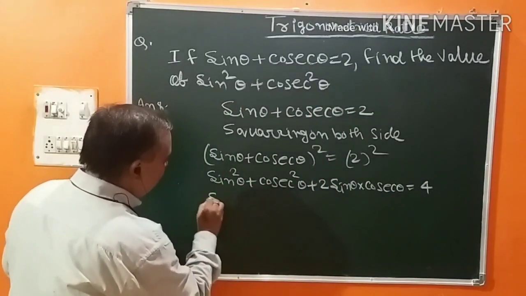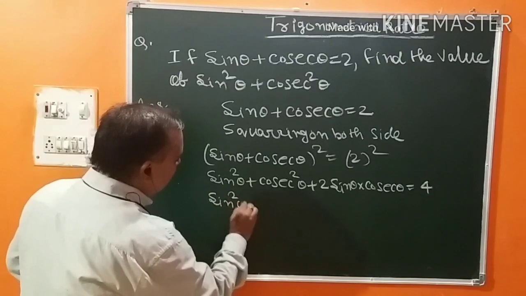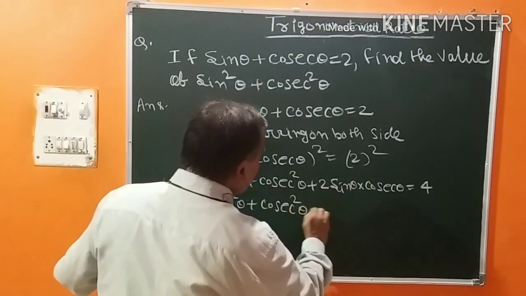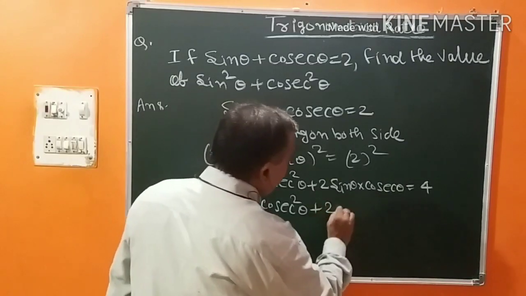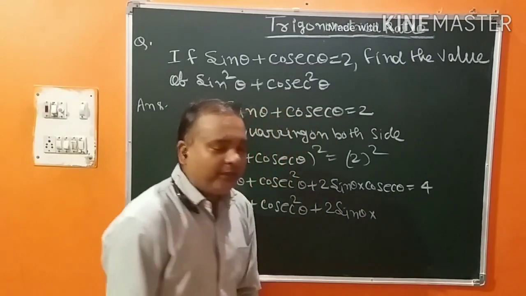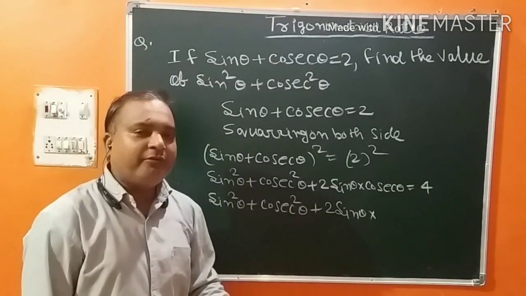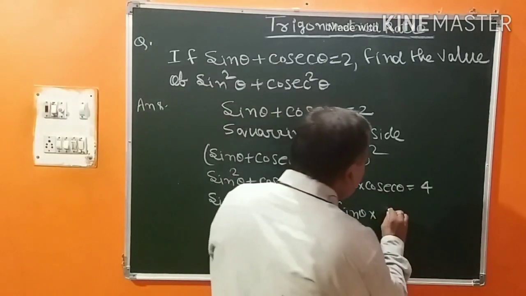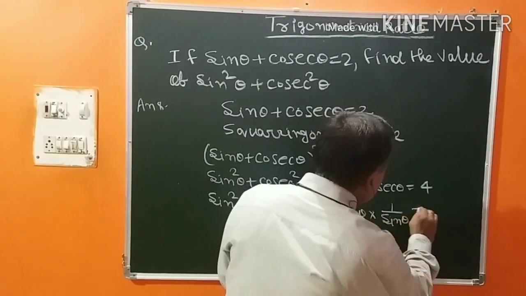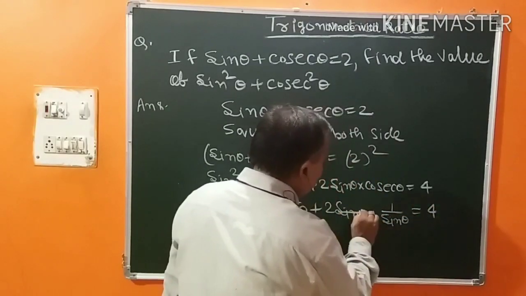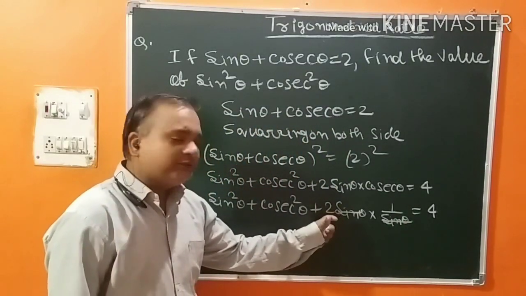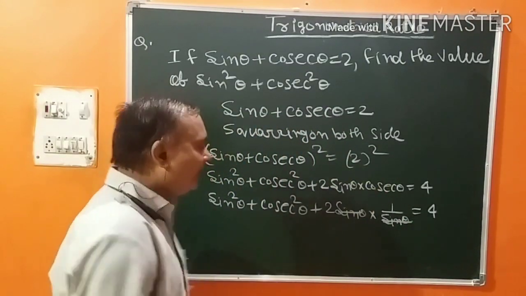I already explained cosec theta, that is the inverse of sin theta. So in place of cosec theta, we will write 1 upon sin theta, equal to 4. So this sin theta is cancelled. Now this 2 shifted from LHS to RHS.